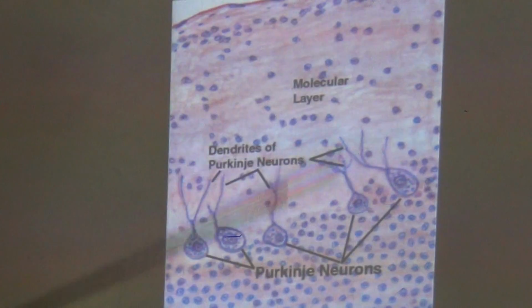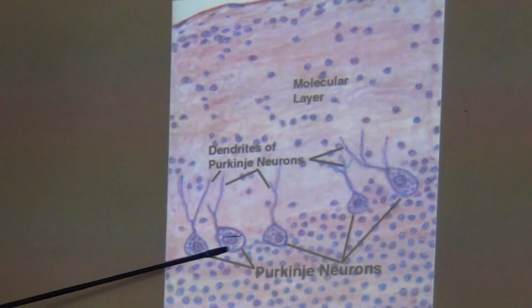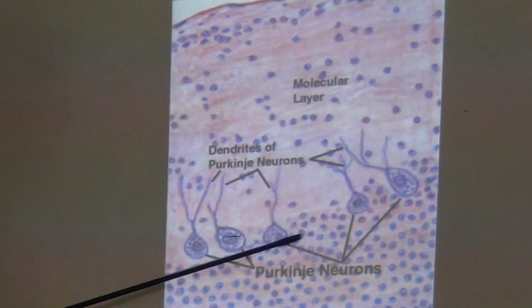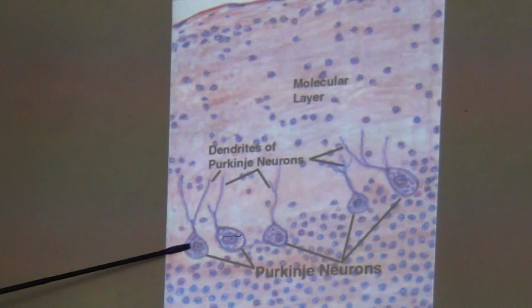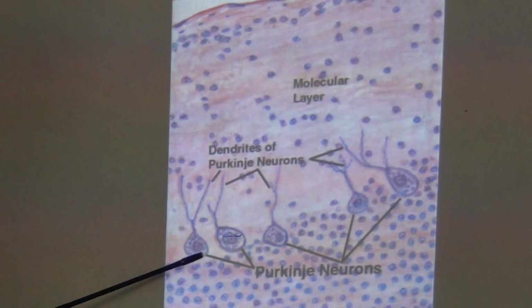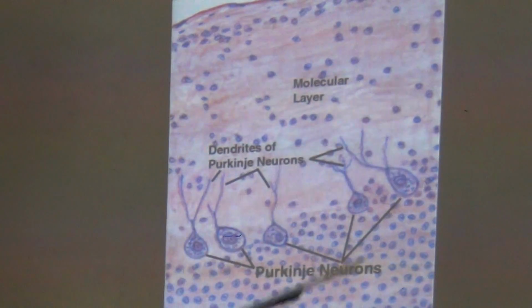Then inner to the molecular layer, there are cells present in rows. These flask-shaped cells are called Purkinje cells or Purkinje neurons.